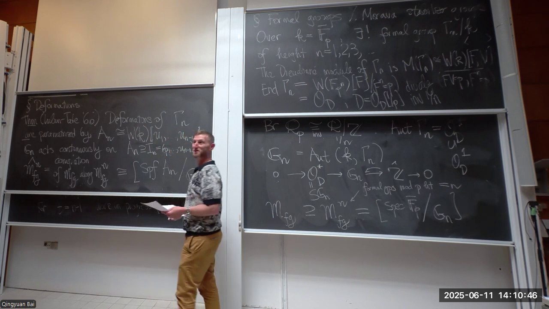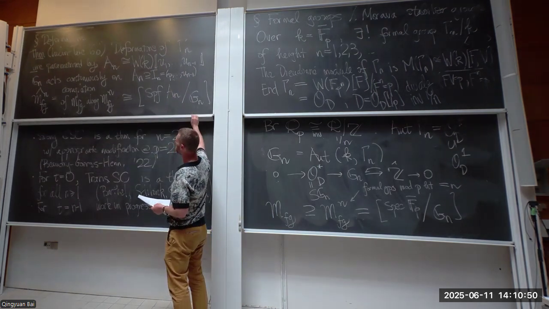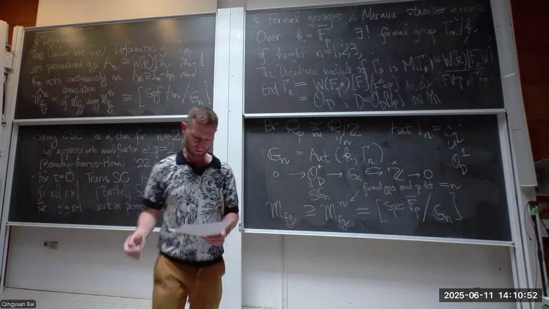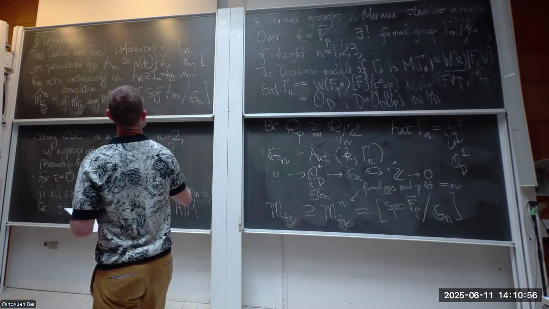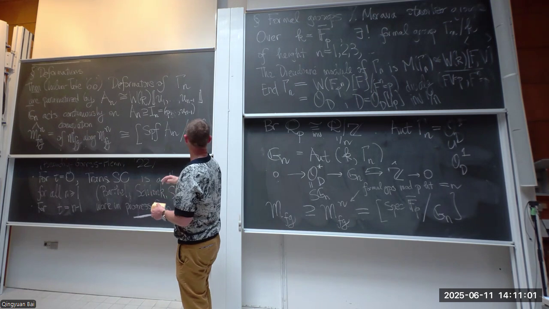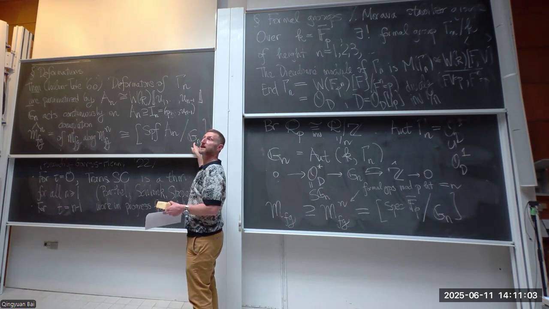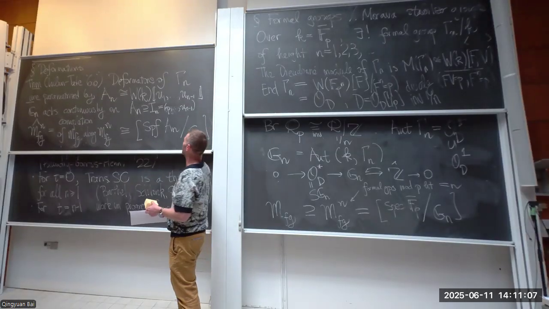So that's the topology. You could even do coarser than that, you could do the pro-étale topology. This G_n is the profinite group.